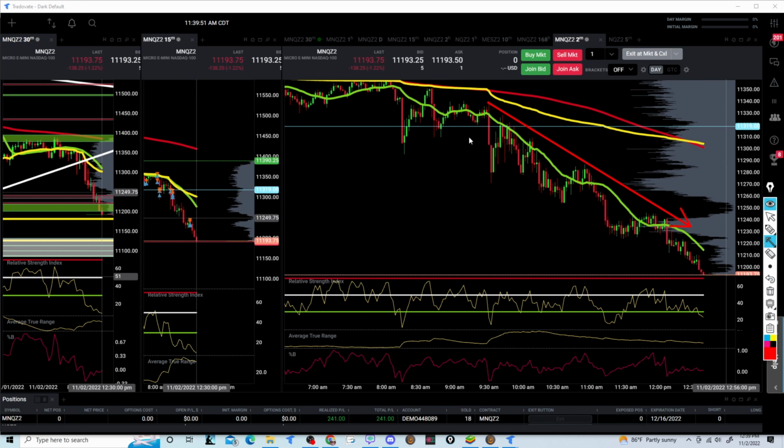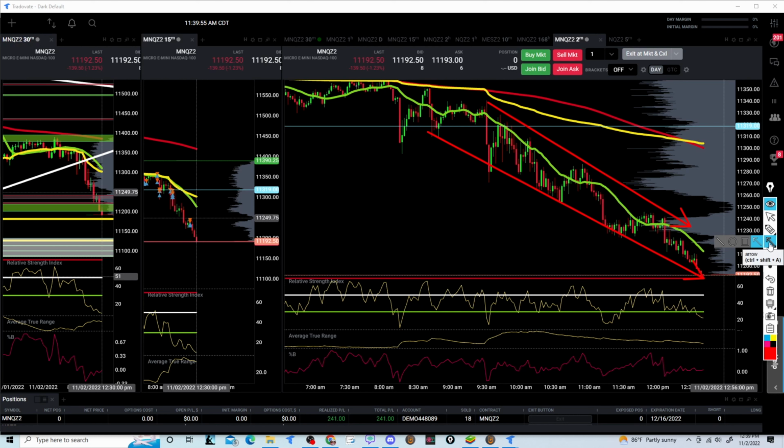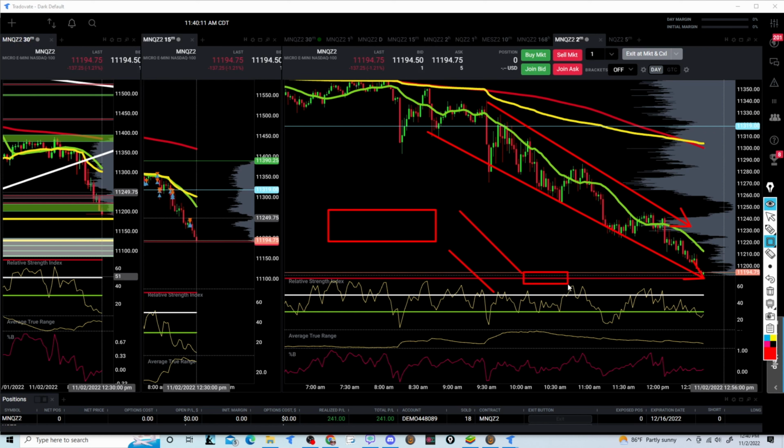Okay? I want to start drawing these out like channels because this is tied to learning to trade channels. Okay, we went from ranges, now we're going to channels. Okay, because that's the only two ways the market will ever move. Okay, it will either range or it will channel.